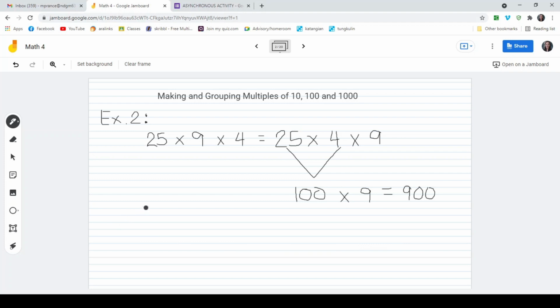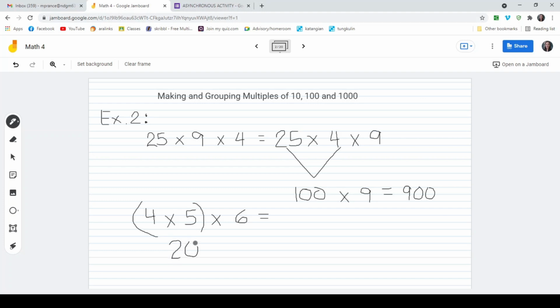Kindly try 4 times 5 times 6. What are you going to do to get the answer easily? We can pair 4 times 5 because it has a multiple of 10. 4 times 5 is equal to 20.